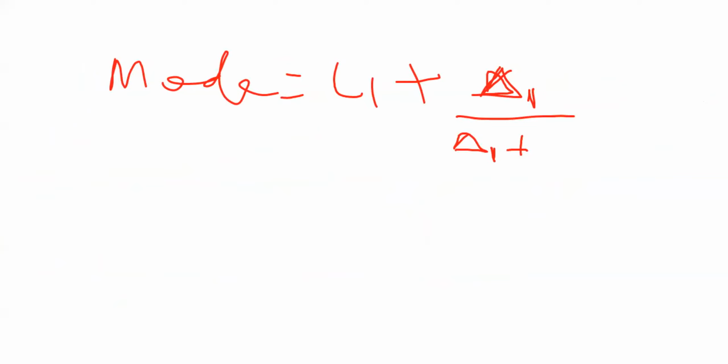This is delta 1, and that delta means change. Some may write D1, as if you are differentiating. Differentiating means change. So let me call this one delta 0, this one also delta 0, and this one now delta 1.